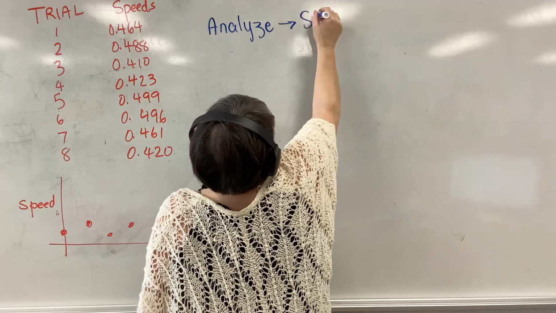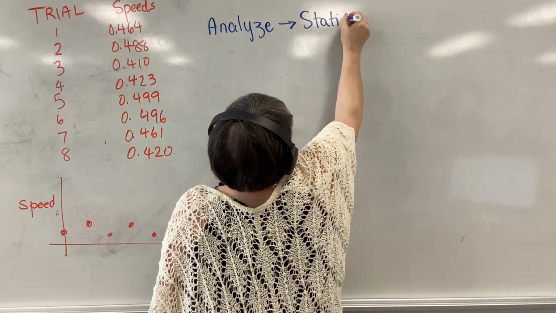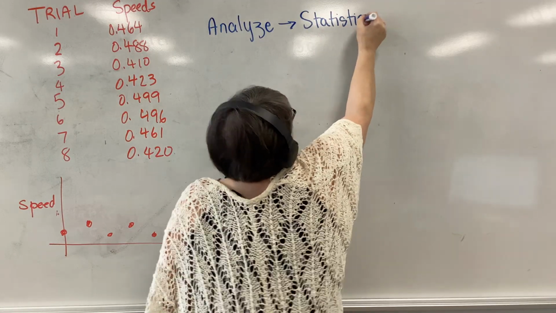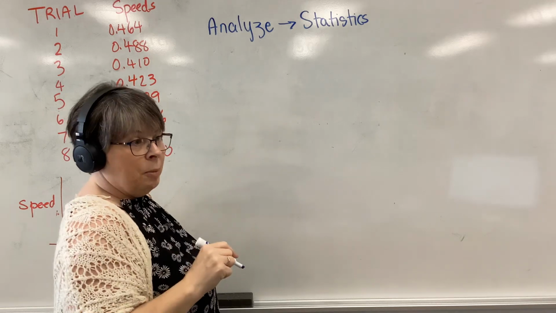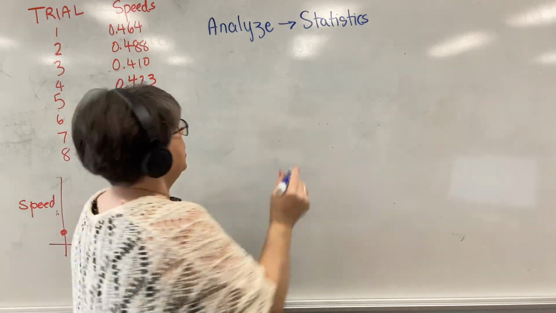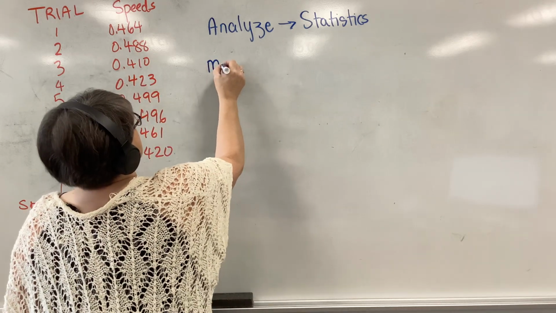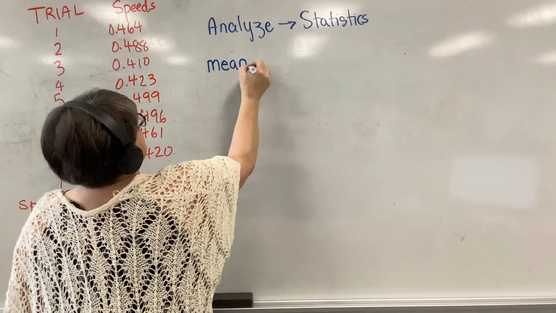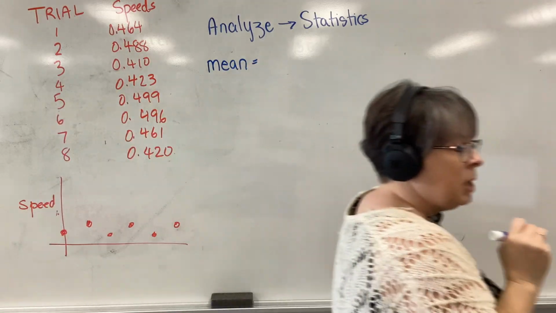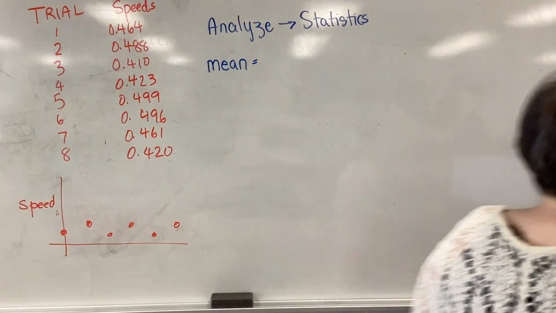To analyze this data, what you do is you click Analyze. After you click Analyze, you hit Statistics, and then a window will pop up with some information in it. The information you need will be the mean. So it will say something like the mean is 0.4521.